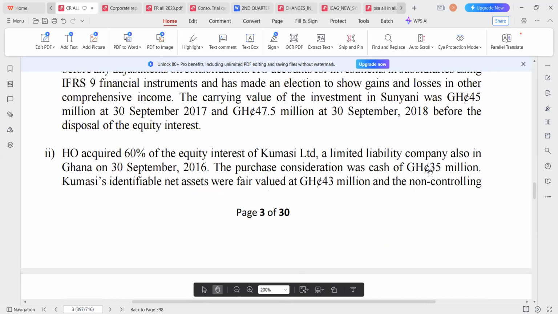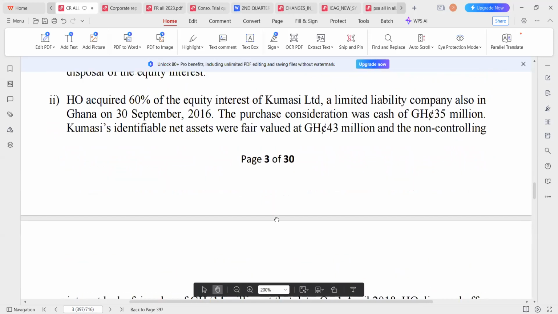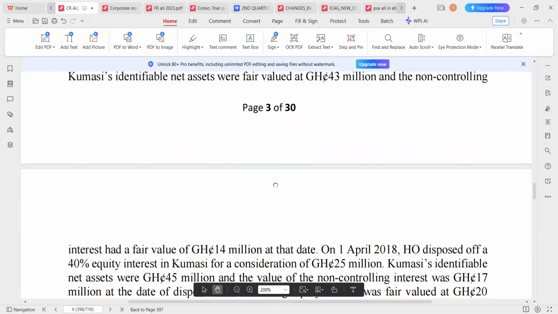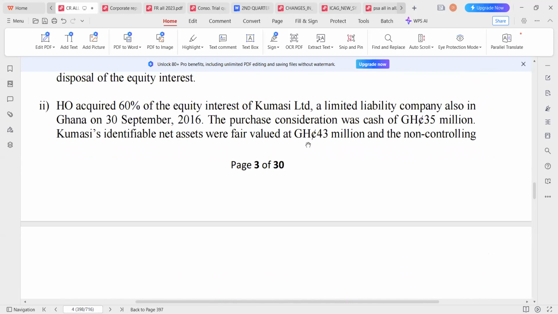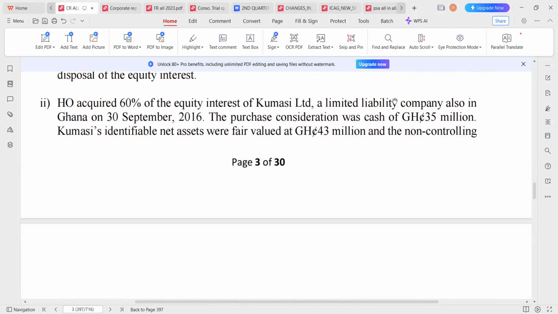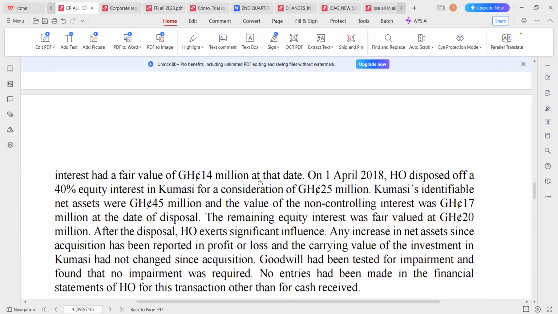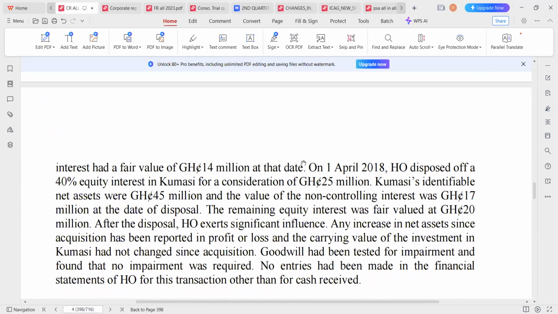That would be purchase consideration of 35 plus NCI of 14, which should give us 49. Then fair value of net asset is 43, so 49 minus 43 should give us 6. So goodwill should be 6. You are good to go.